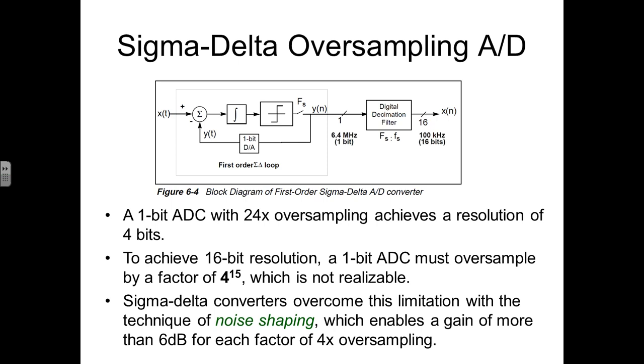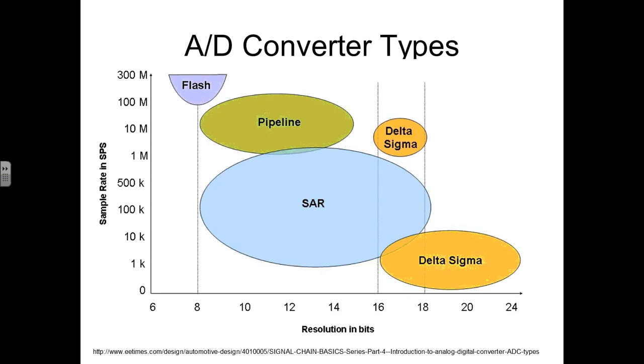And if we can make that decision, is it above or not, really, really fast, it turns out that we can actually effectively resolve an input signal into more levels than just the one. Now, those delta sigma converters are pretty slow, but they're very inexpensive, and so that's why they've come into vogue for things like music players and that sort of thing.